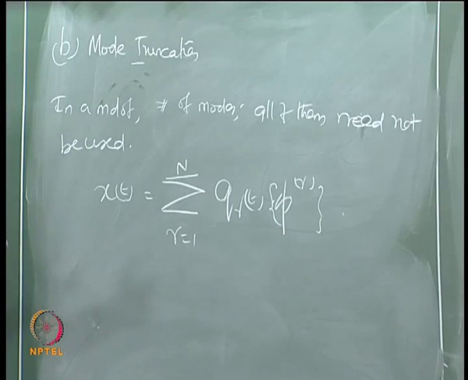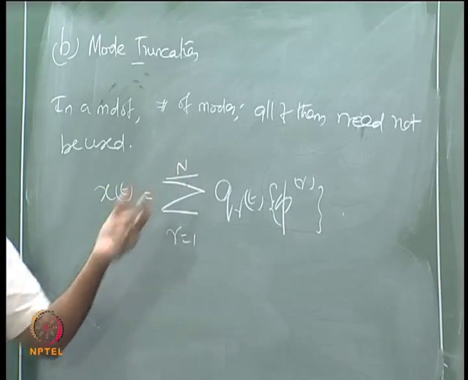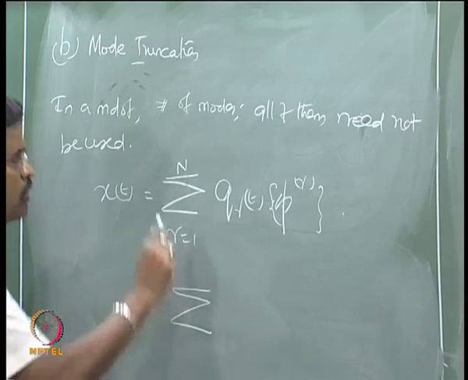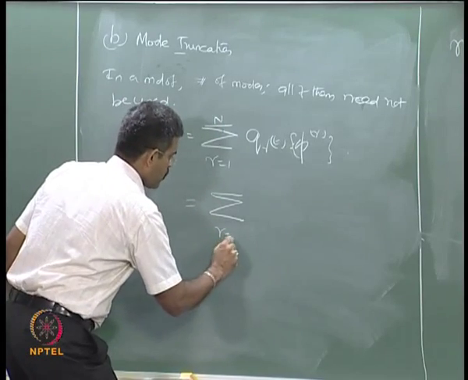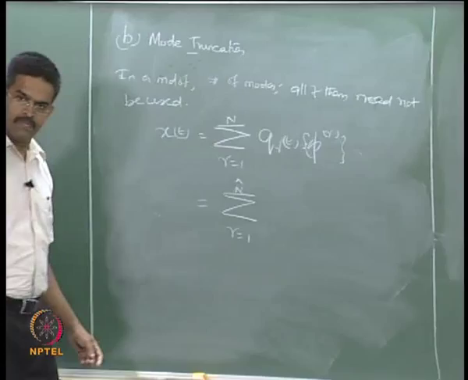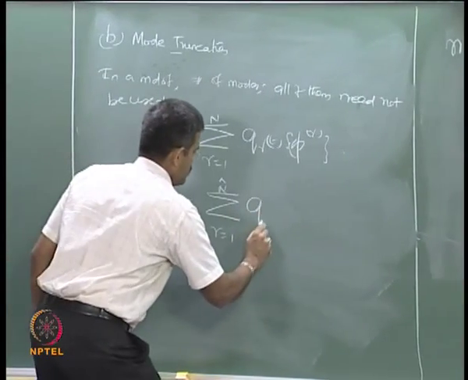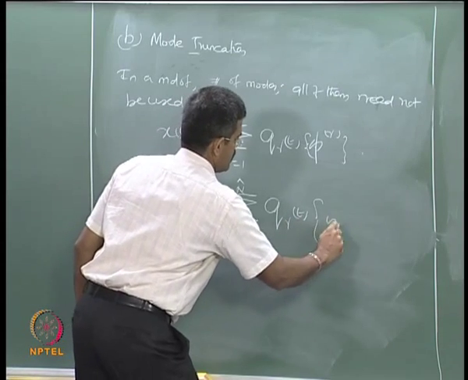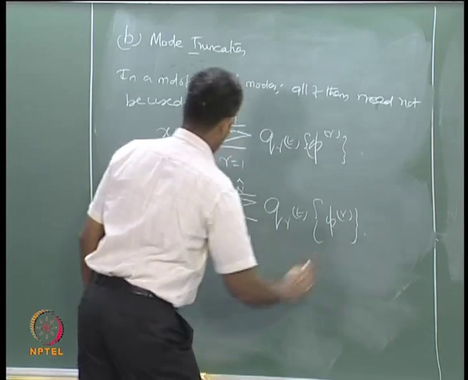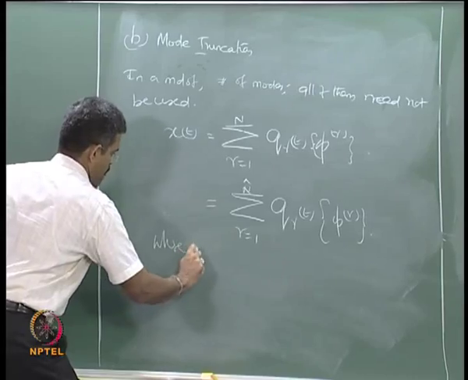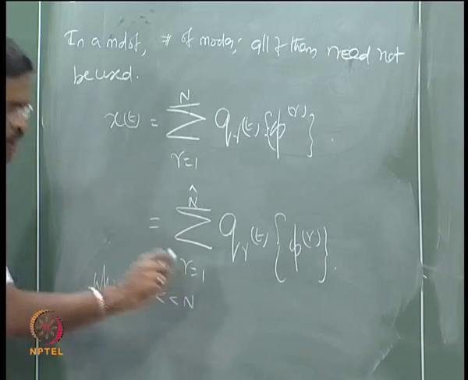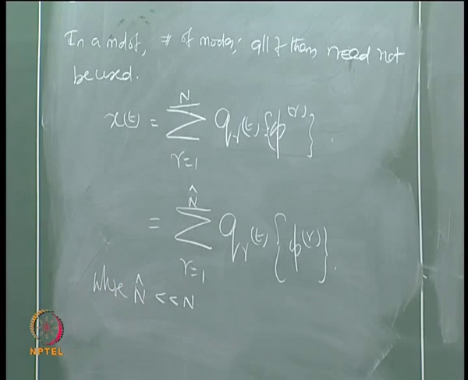I am reiterating this equation because n is the degree of freedom. I am rewriting it saying, do not take it till n, take it only till n hat, where n hat is far lower than n. I am truncating it.